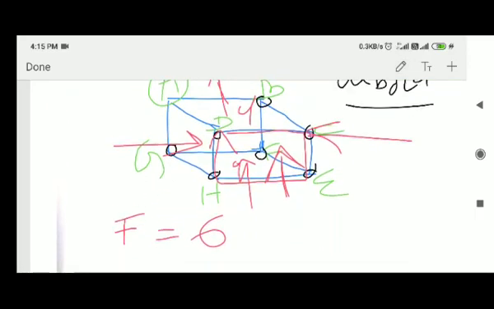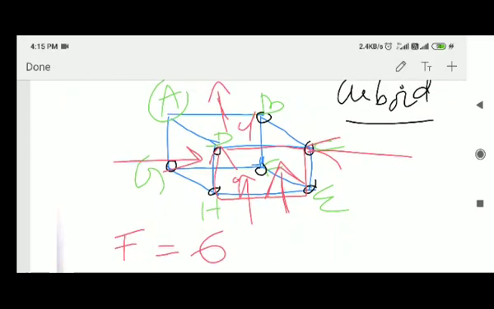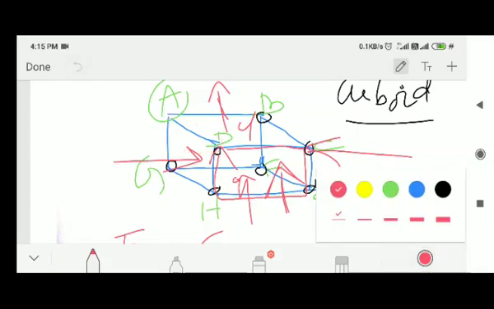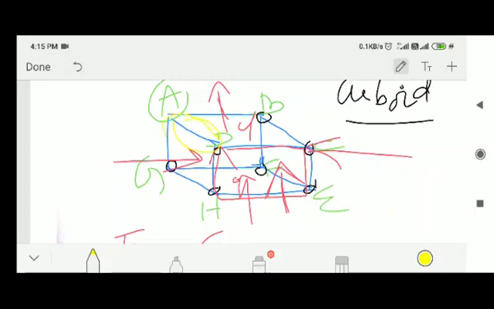And how many edges are there? What are the edges? Edges means the sides. See the blue, this is a side. I am doing with another color, yellow. So AD is an edge, DC, BC, AB.